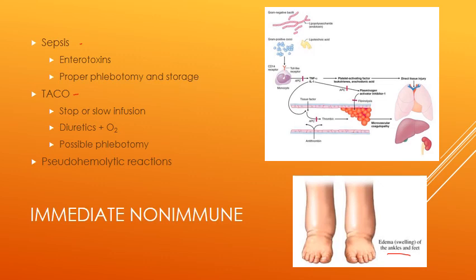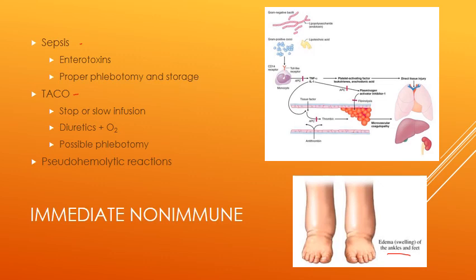So when we give large numbers of units, so for massive transfusions, we can actually drop the patient's body temperature by giving them a large number of these relatively cold units. And so we've seen patient temperatures drop from 37 to 27, even to 29 degrees. Well, that's hypothermia. So we have to worry about that.